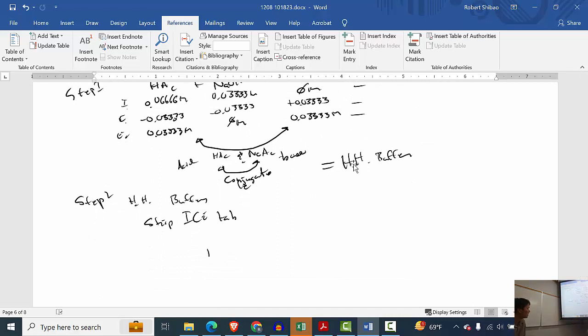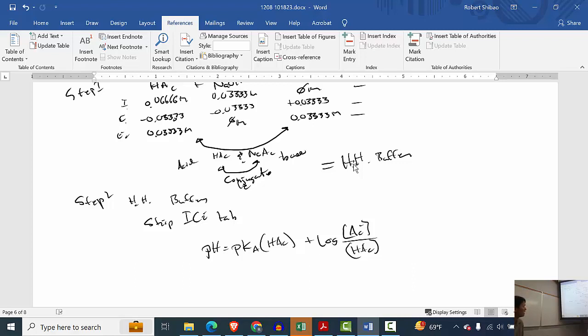The Henderson-Hasselbalch equation just says that the pH is equal to pKa, well, the acid in this case is acetic acid, plus the log of the base, the acetate concentration, over the acid concentration like that. Okay, these are the initial amounts. The initial amounts are from step 1.